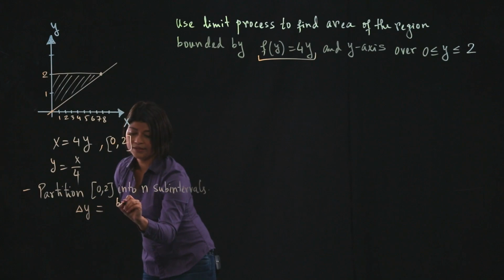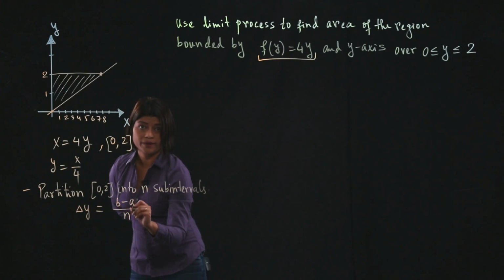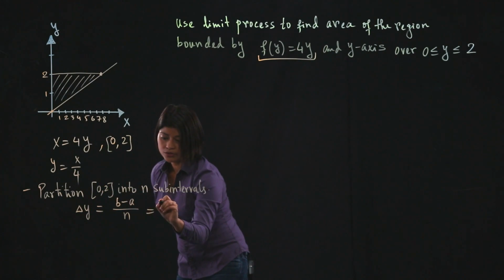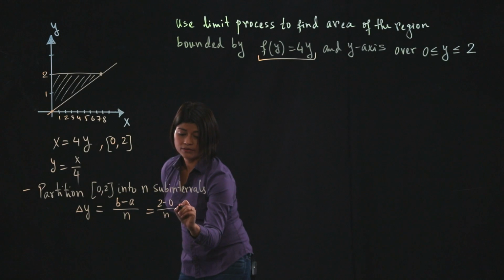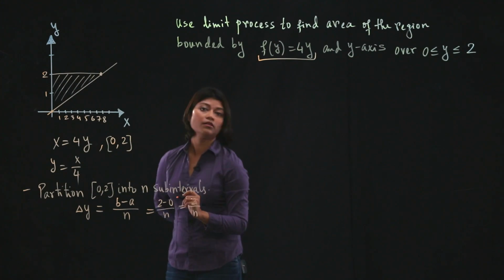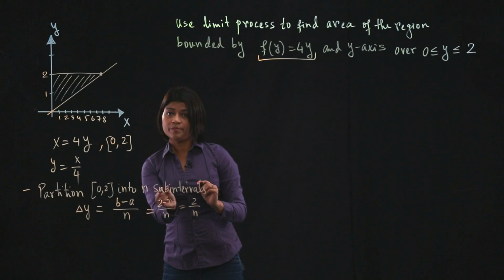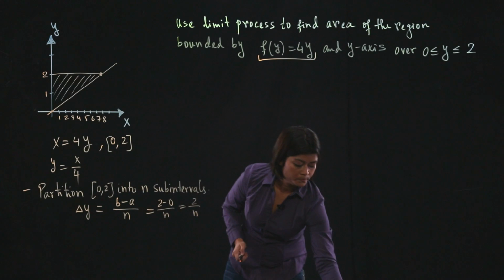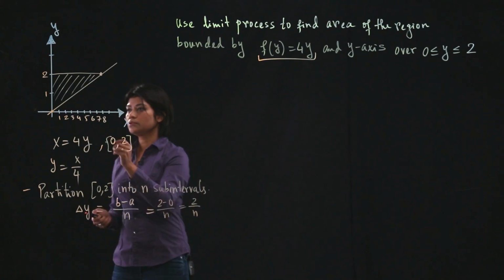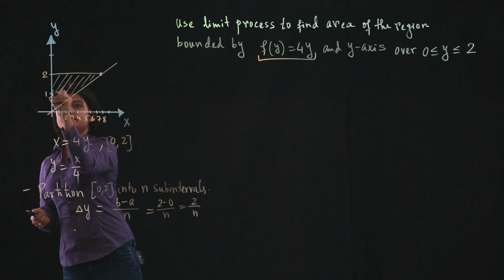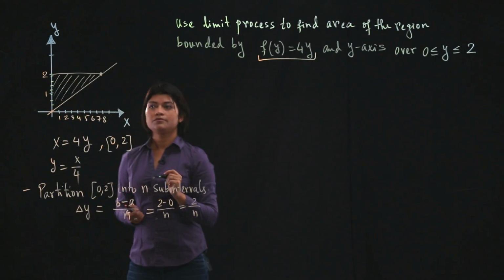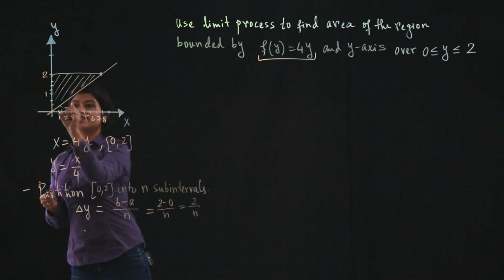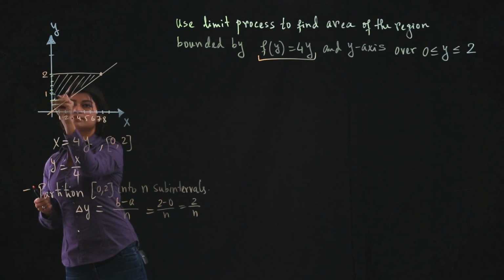This is b minus a over n, 2 minus 0 over n. So the width of each subinterval will be 2 over n. They are all of the same width, and you consider drawing rectangles.